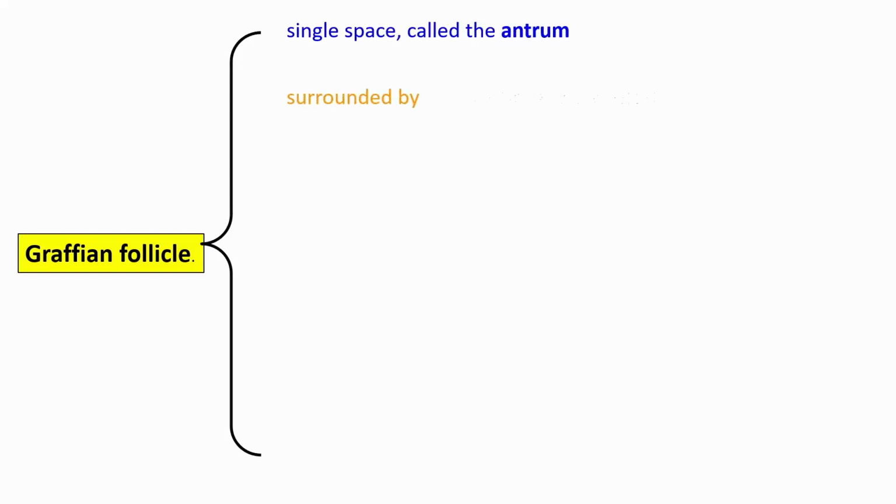This antrum is surrounded by what is called membrana granulosa. It's a cover or structure surrounding the antrum and the oocyte, and these are granulosa cells.